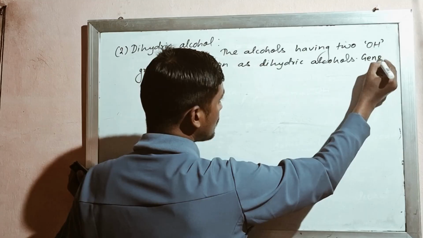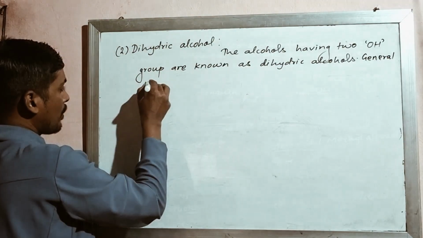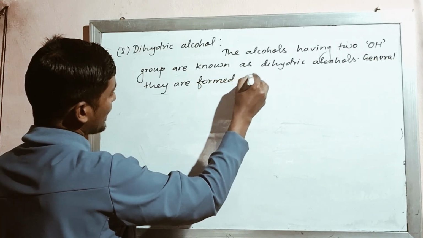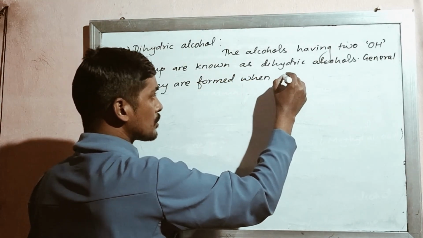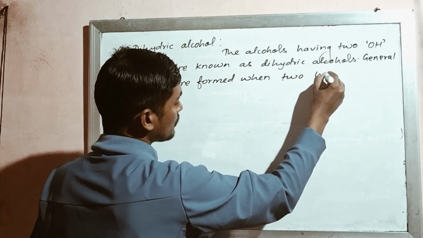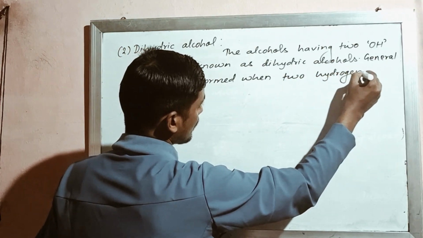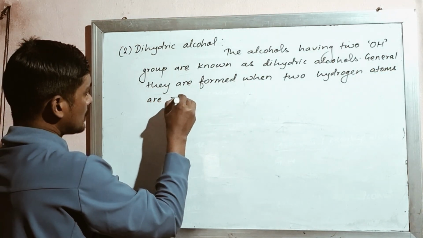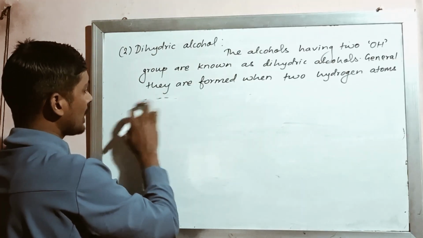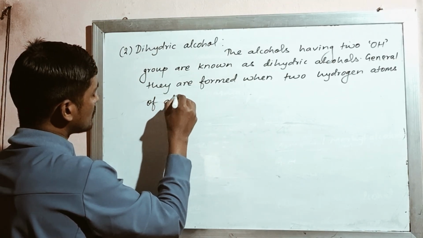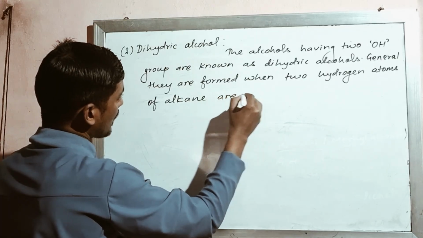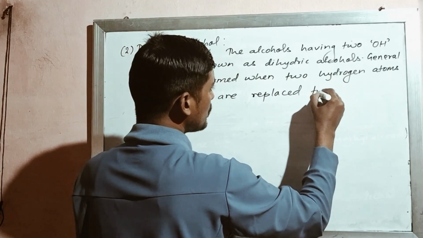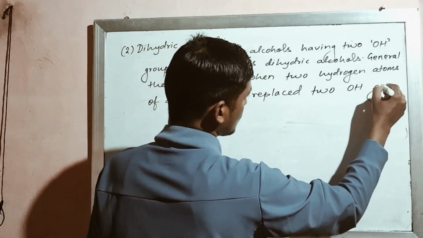Generally they are formed when two hydrogen atoms of an alkane are replaced by two OH groups.